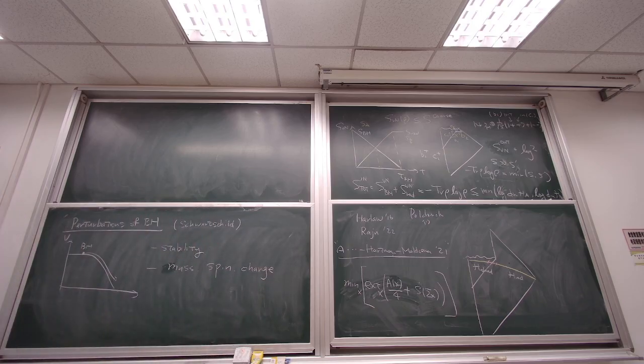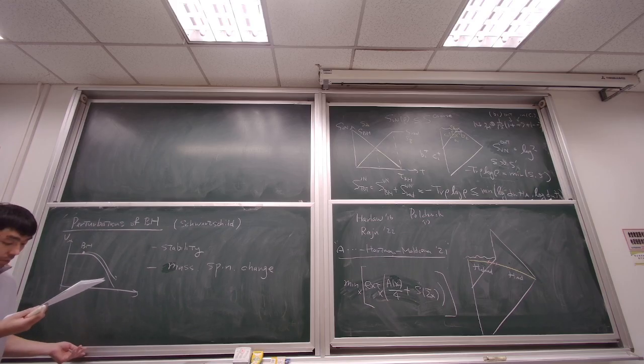To determine an astrophysical black hole, to determine mass and spin, charge and so on, perturbation is also very important.